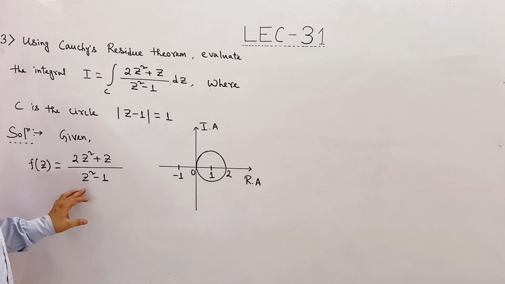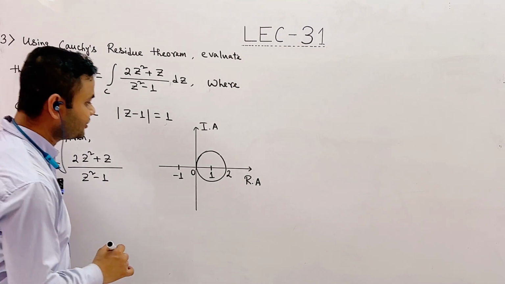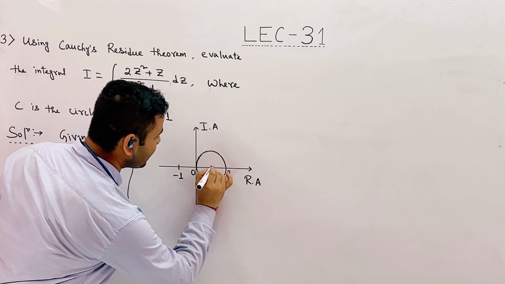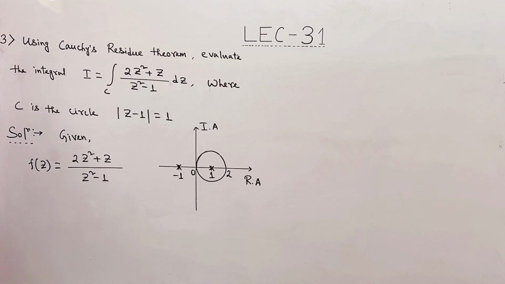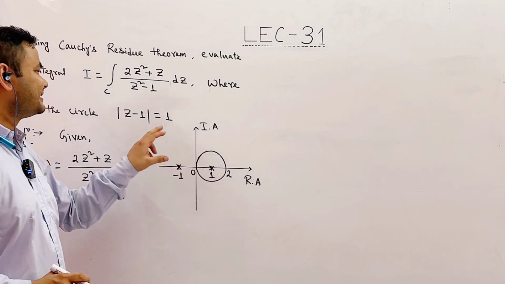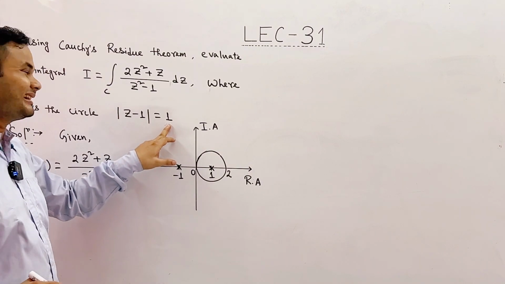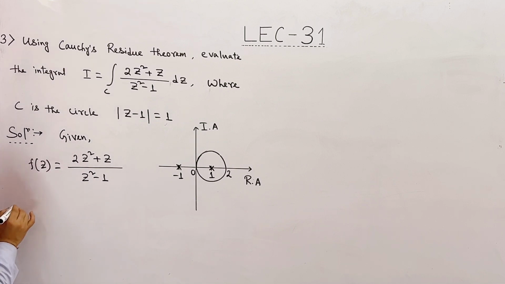Here we have seen that z equal to plus 1 and minus 1 are the simple poles. The location of these poles are at this point and at this point. Again we have seen that only pole at z equal to 1 lies inside the given circle whose radius is 1 and center at z equal to 1.